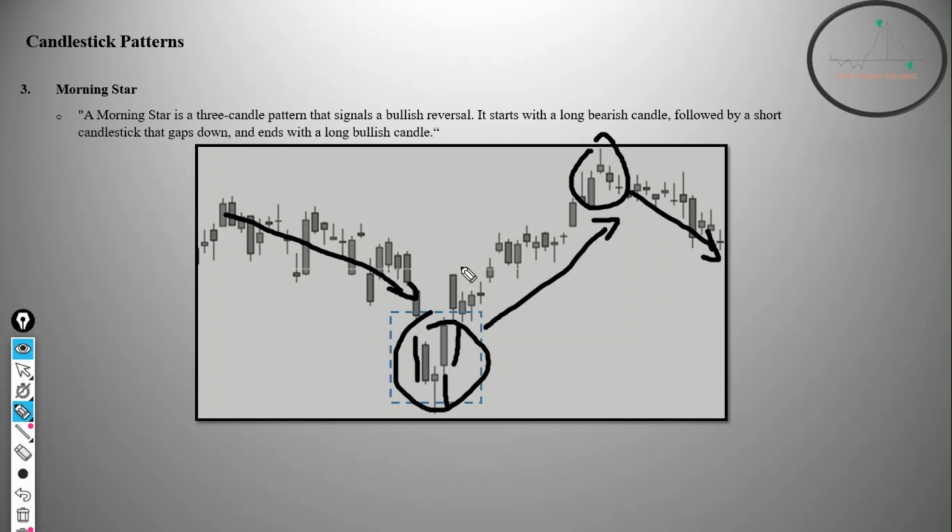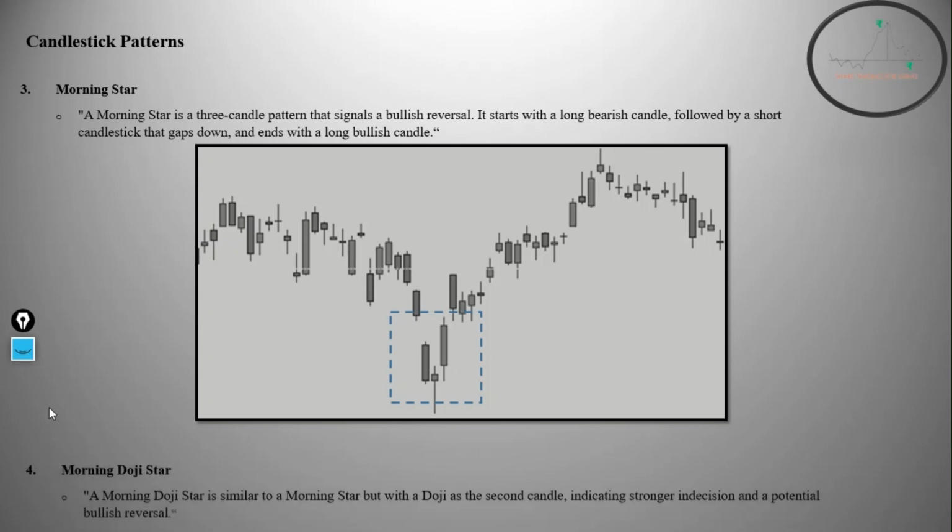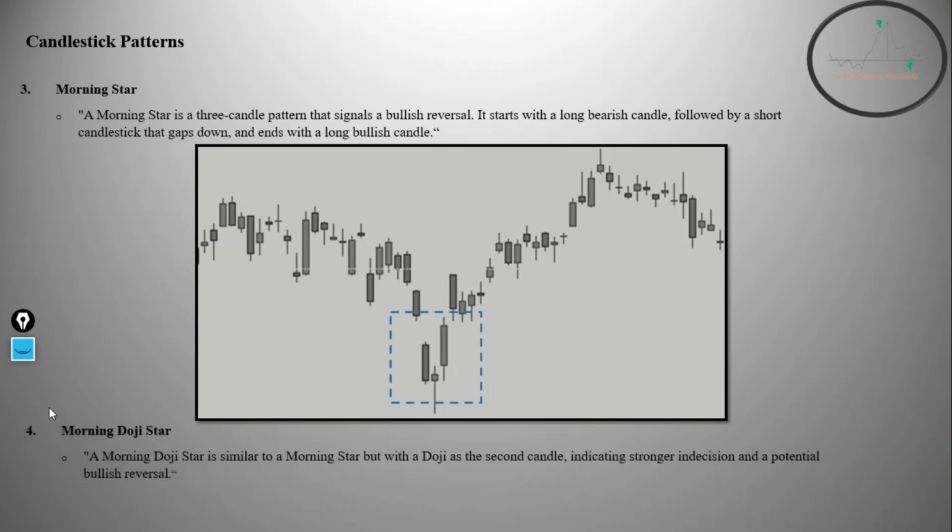Moving on to the next pattern. The next pattern is very similar to morning star. This pattern is nothing but a morning doji star. Morning doji star is similar to morning star, but with a doji as the second candle.